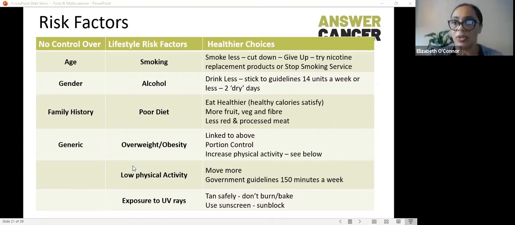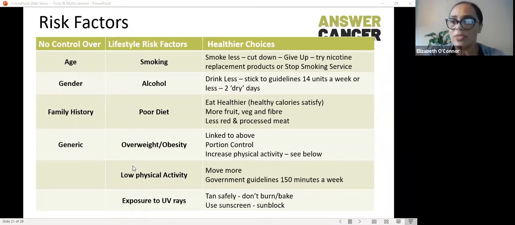We also know that people who have had early bowel cancer in the family, not bowel cancers that we can get later in life, but early bowel cancers, can be a sign that there's something going on within the family. So there are a few cancers that we get due to our family history.